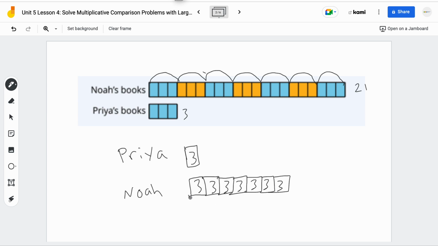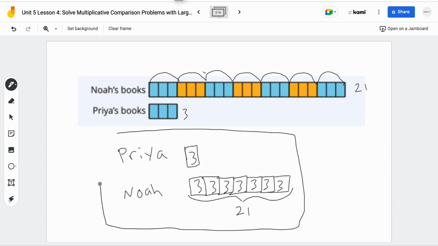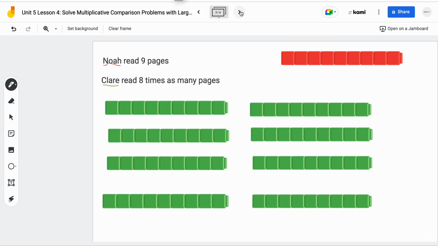And the value of, if you add up all these 3s, which you're actually multiplying, right? So you're saying 3 7 times, this will be 21. So this is the type of diagram that we are going to see in this lesson, because we're going to see, for example, the next example here.